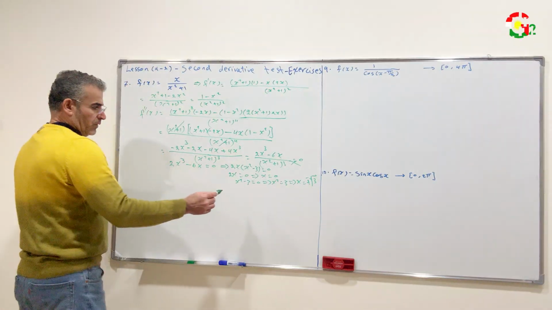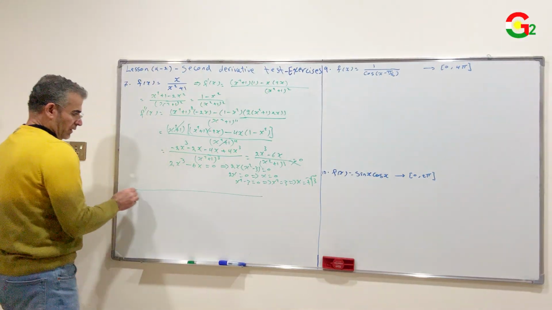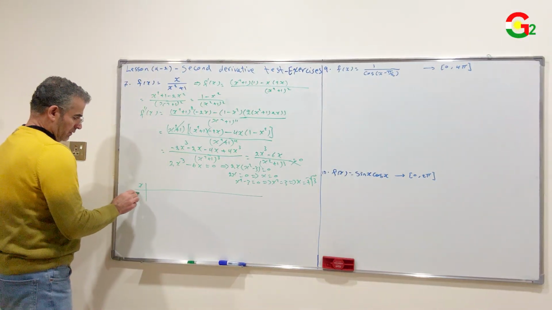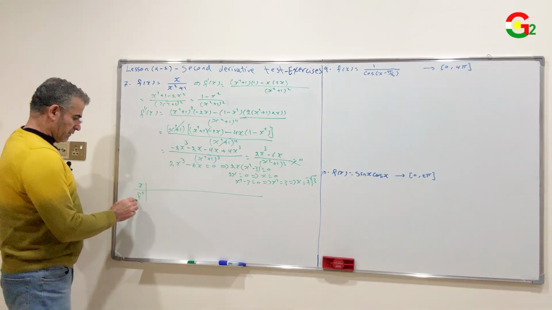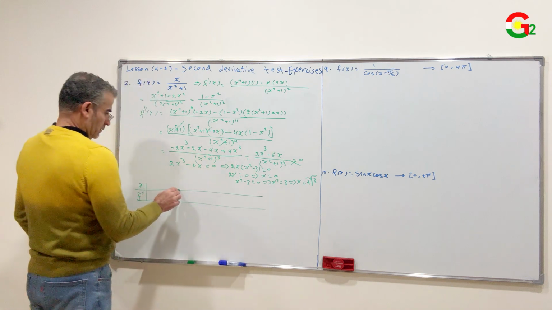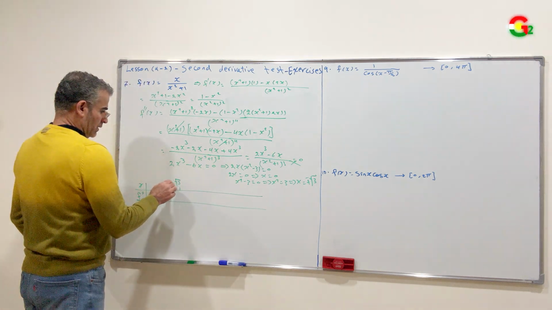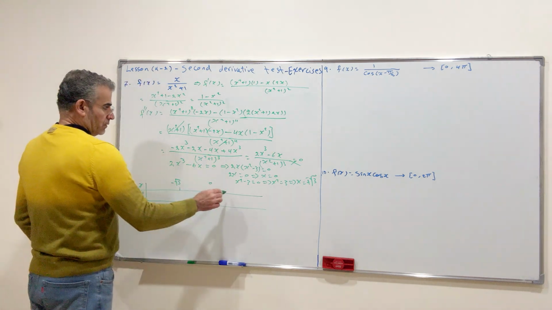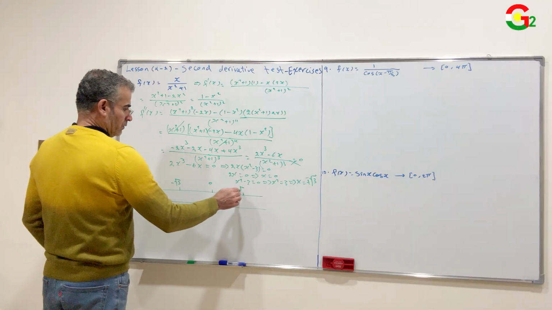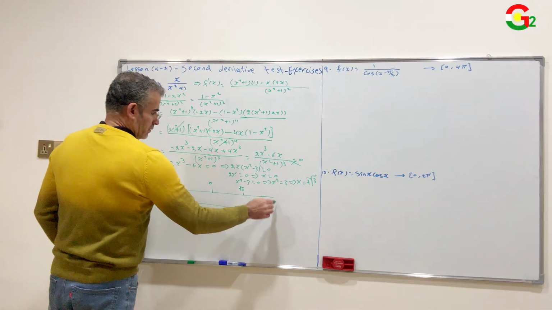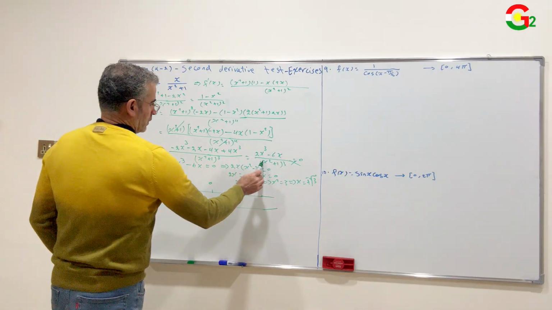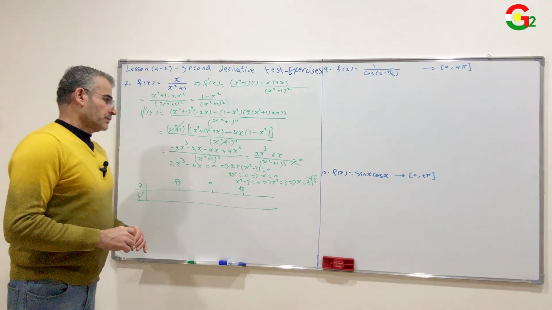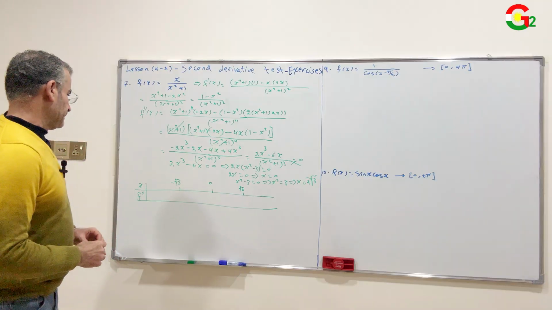Find the interval of concavity by finding the sign of the second derivative of this function: negative square root 3, 0, and square root 3. As you see, there is no value that makes the denominator 0 because x power 2 plus 1 is never 0.